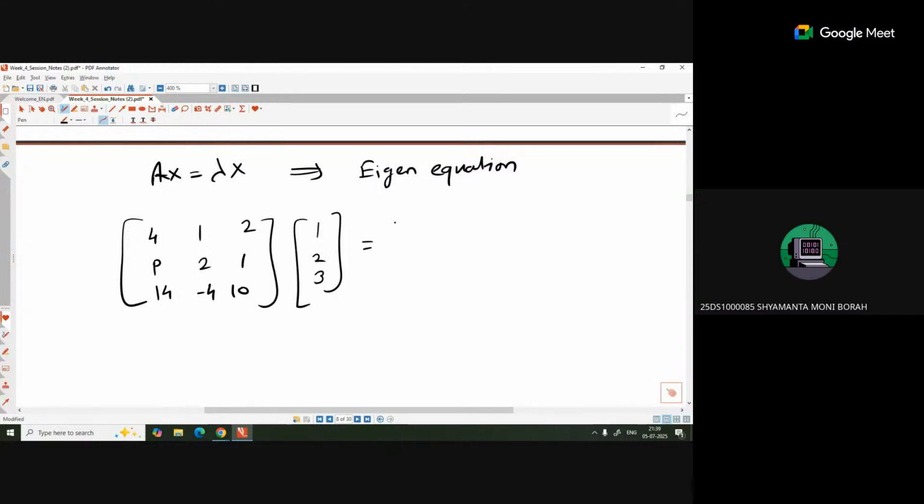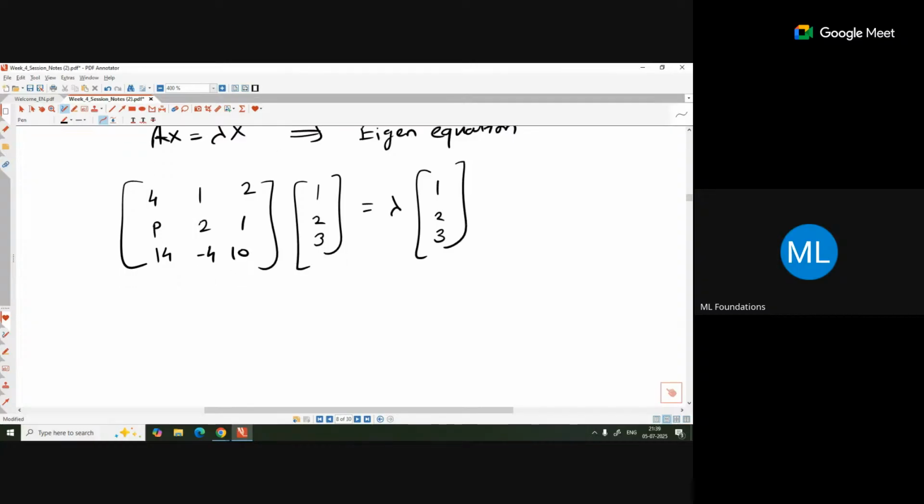That will not be 0, right? We are saying that it equals some lambda times the vector. So what is this? 4 plus 2 is 6, 6 plus 6 is 12.